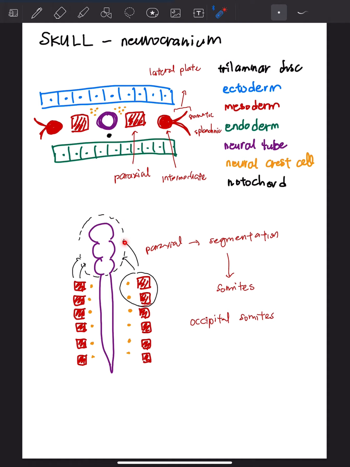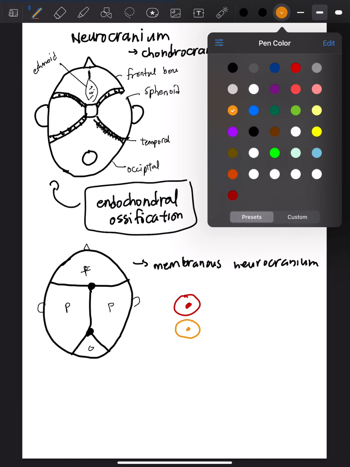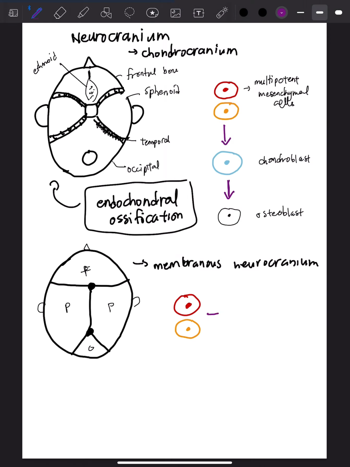So the first was the base, the chondrocranium, and now we're going to look at the top part here, which is your membranous neurocranium. Multipotent mesenchymal cells along with the neural crest will differentiate, but this time they don't differentiate to become chondroblasts first.